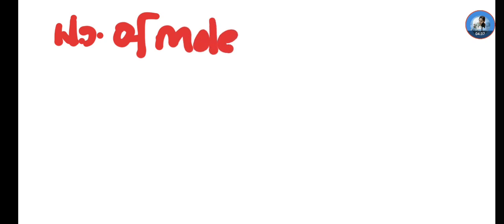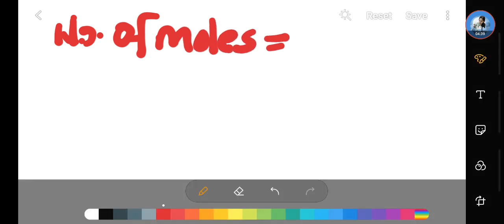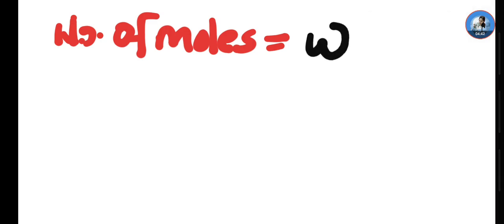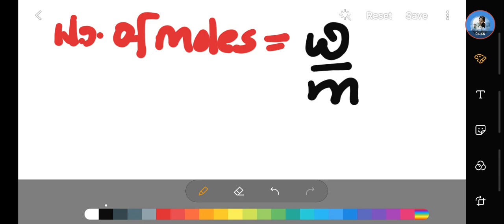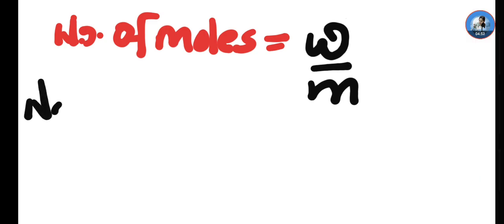If we have to calculate the number of moles, the formula is W upon M, that is given mass upon molar mass.